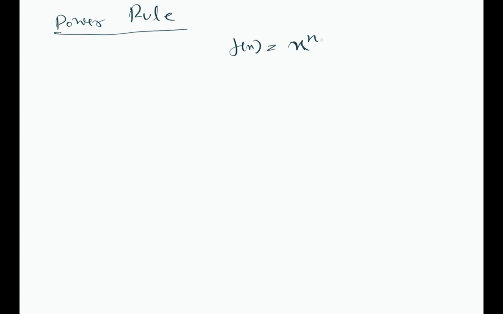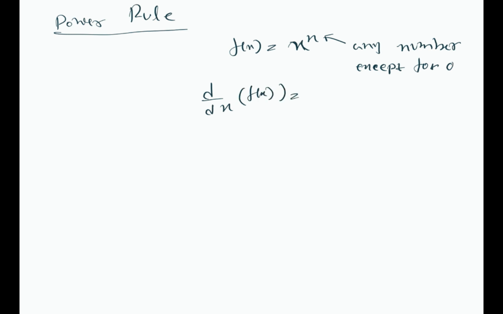This n can be any number except 0, so n cannot be 0. And the derivative of this function, d/dx of f of x, is equal to what? First we need to write the exponent, so this is n, then the variable x, to the power n minus 1. So the derivative of x to the power n is actually n times x to the power n minus 1.